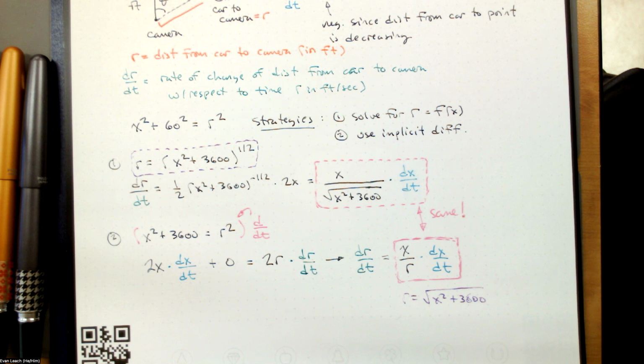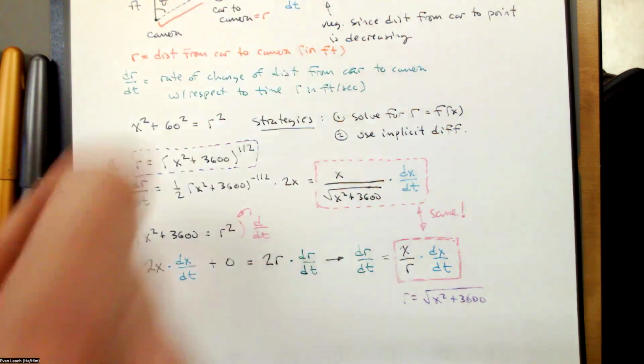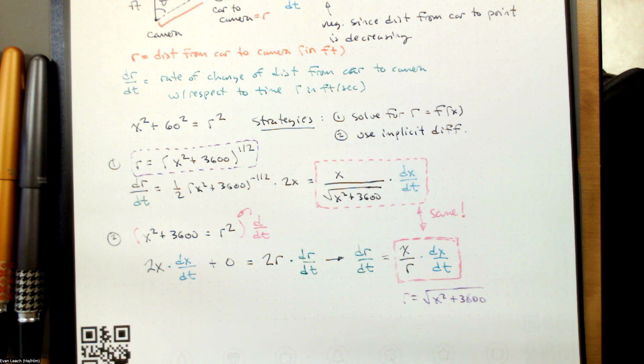We notice that x and r are both positive, so this is going to be positive, with dx/dt being negative 100 feet per second. That's going to give us a dr/dt that's negative, and that makes sense in the context of the problem because the distance between the car and the camera is also shrinking as the car approaches point C.